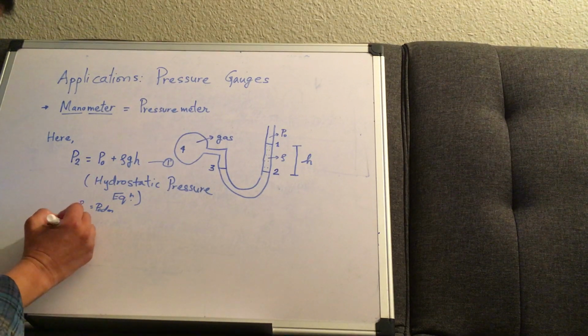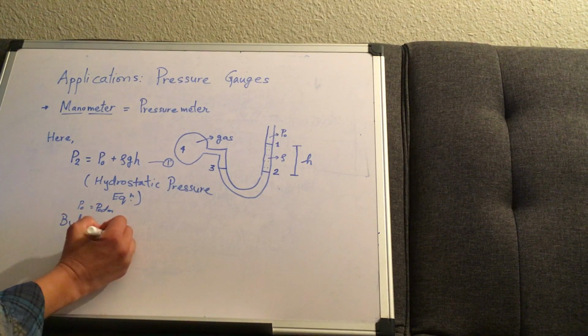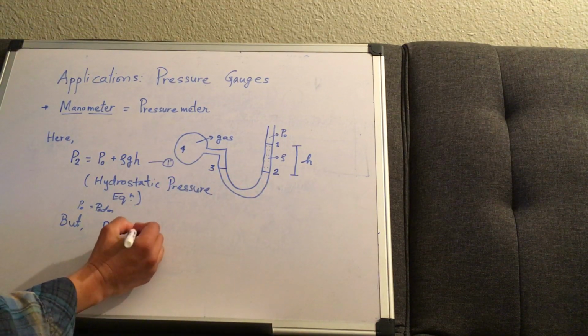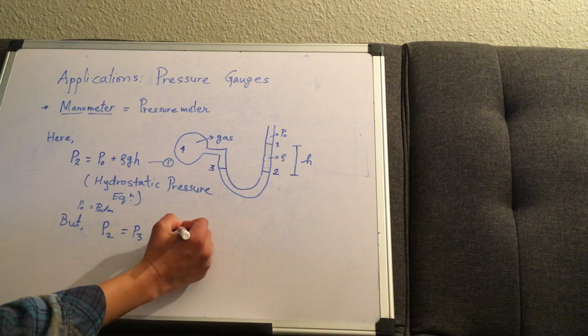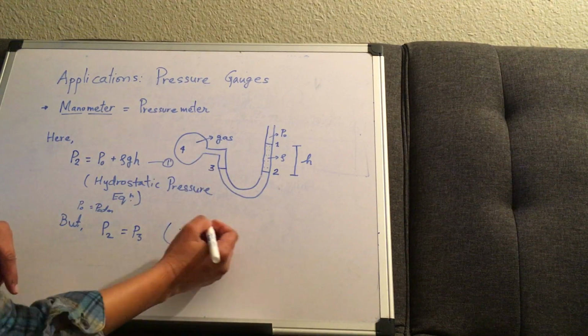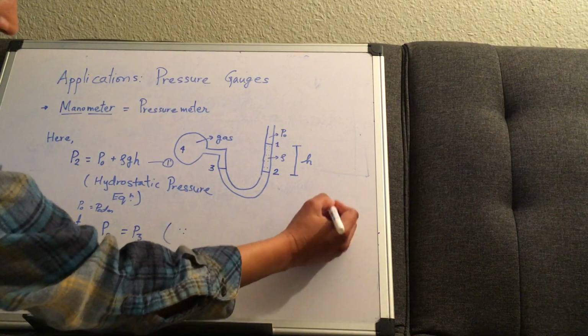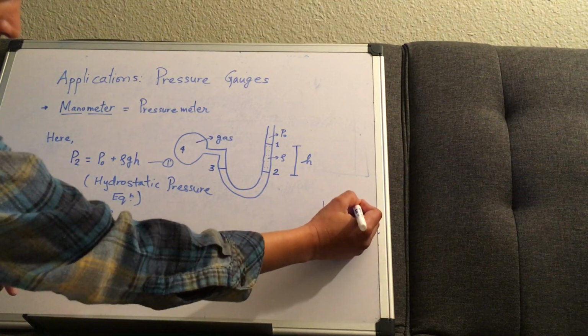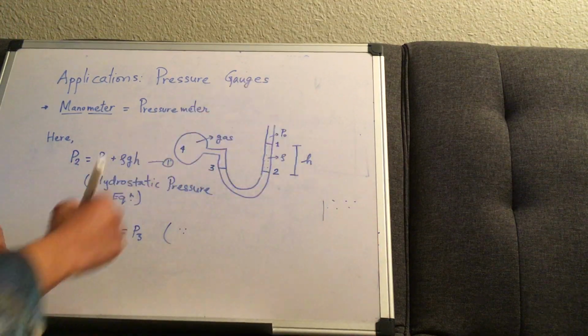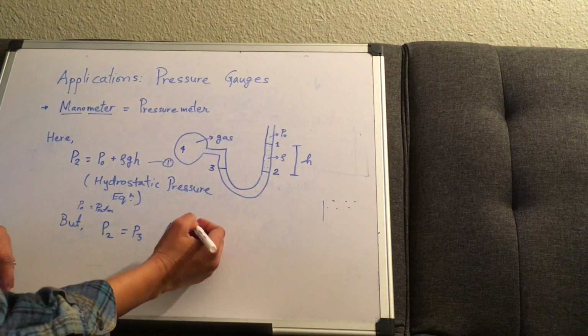But P2 must be equal to P3, since they are at the same height. This symbol means since; the opposite, upside down, is therefore.